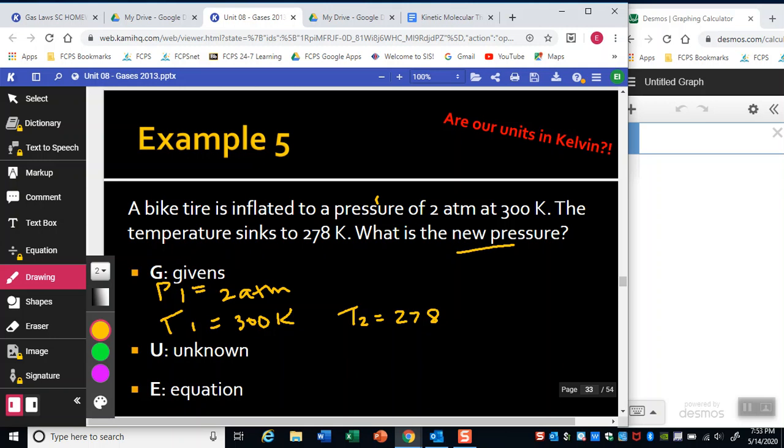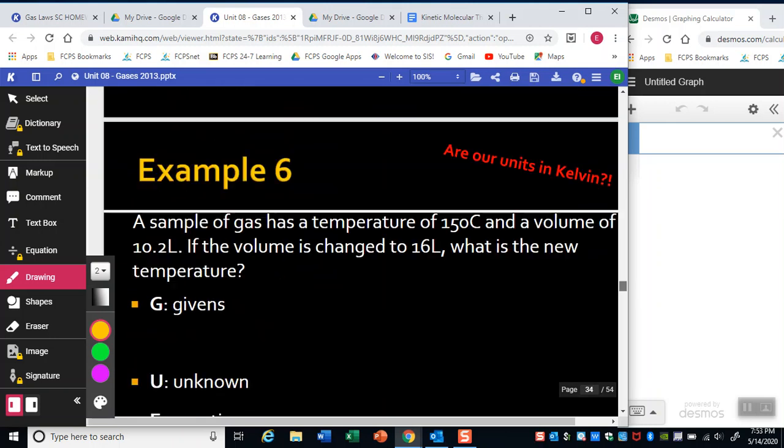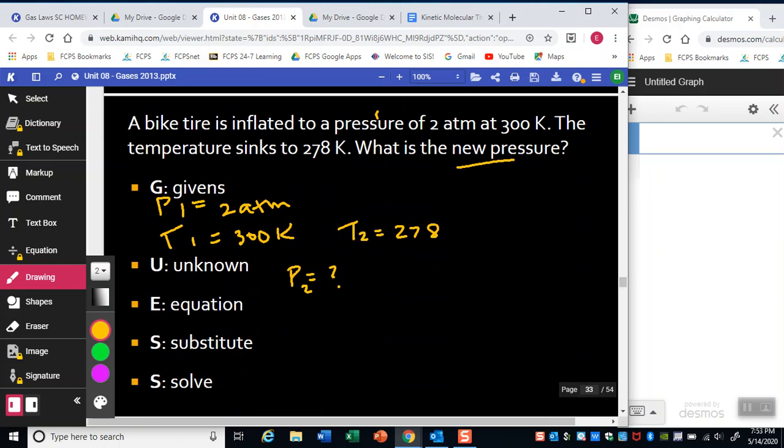All right. So I've got pressure and temperature here, so I will just ignore the volume. What I'm trying to find is the new pressure, so I'm going to use this combined law.